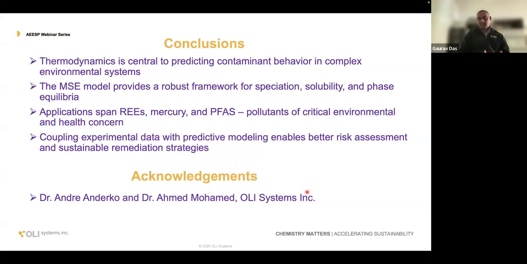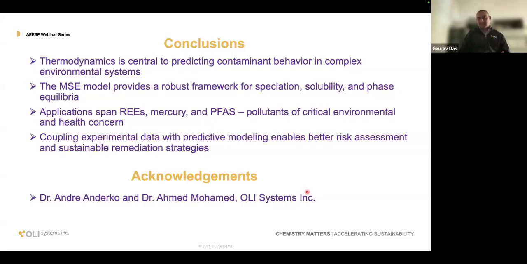The MSE model in turn provides a robust framework for speciation, solubility, and phase equilibria calculations, which, as I said at the beginning, allows us to see how chemical compounds dissolve, react, and transform into other compounds.